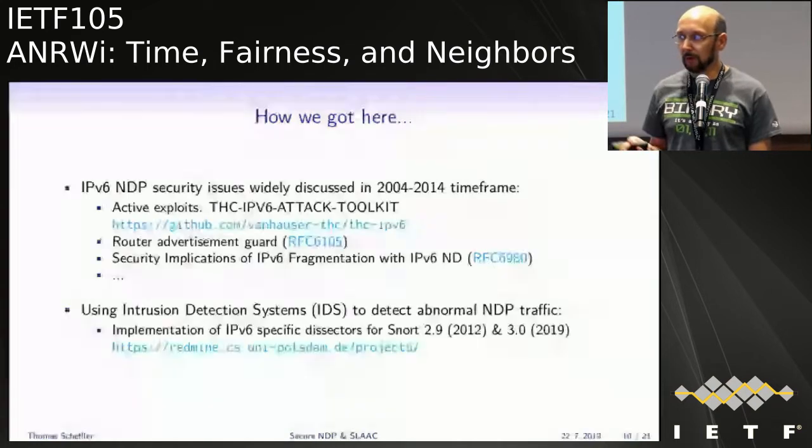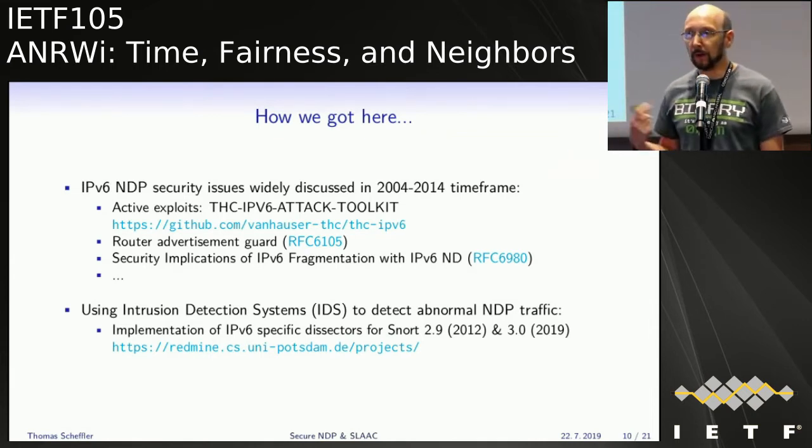What we did a couple of years ago was start looking at IPv6 support in IDSs, specifically in Snort. The developers there said, yes, we are IPv6 compatible, but this meant they were only looking at layer 3 and not at specific protocols.